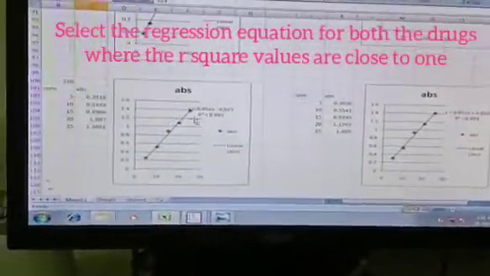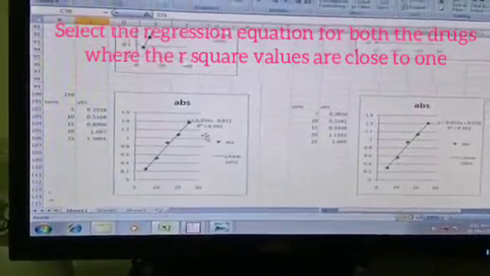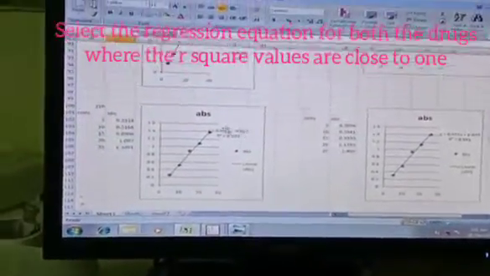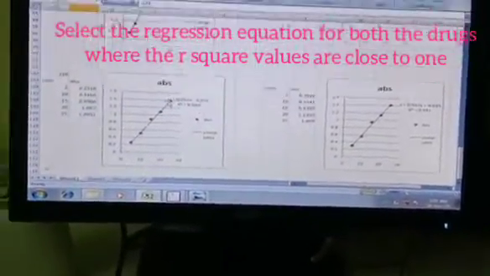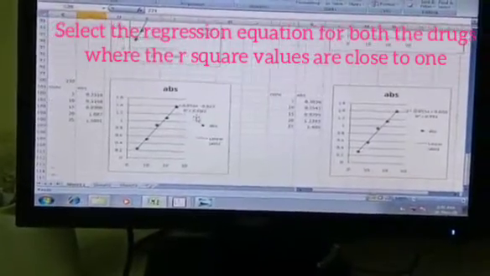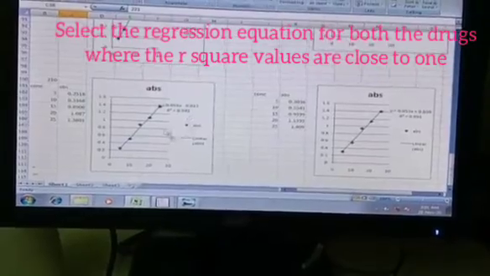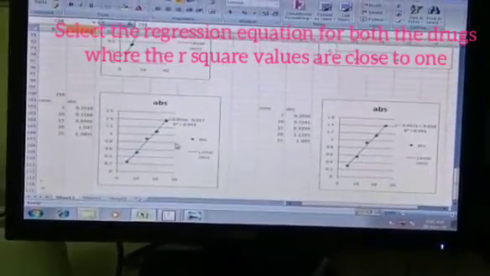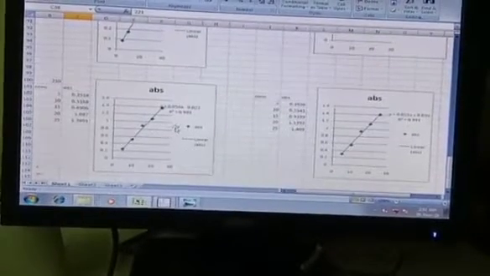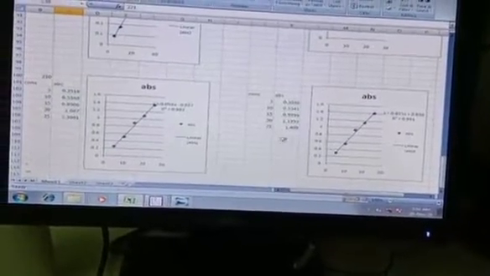Similarly, for the other drug, metoprolol, at this zero cross point, that is at 210 zero cross point, I have got the y equal to mx plus c equation, as well as the r square value as 0.993. So these two graphs I will be considering for the calculation of the tablet solution, because the regression coefficient is very close to 1 at these 2 points for these 2 drugs.